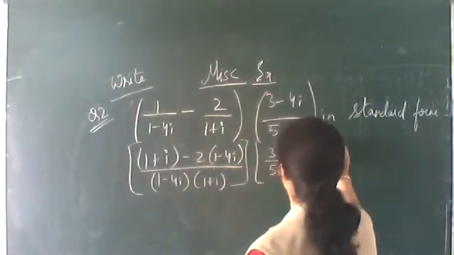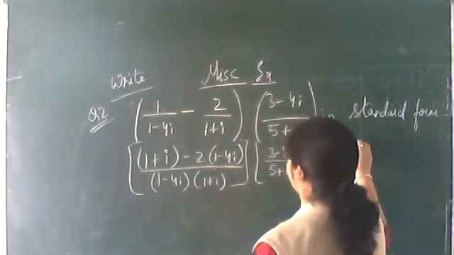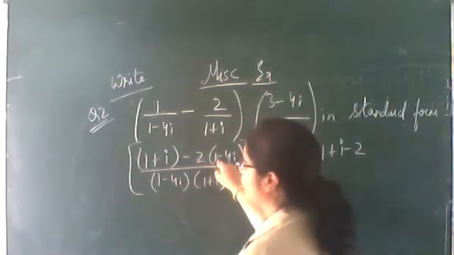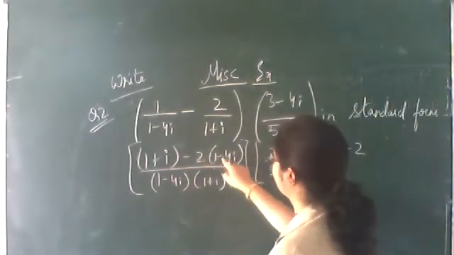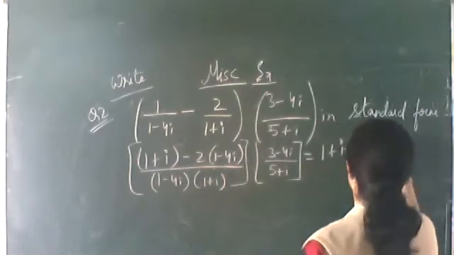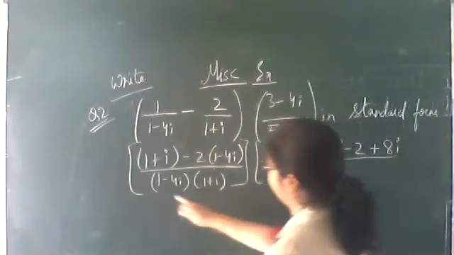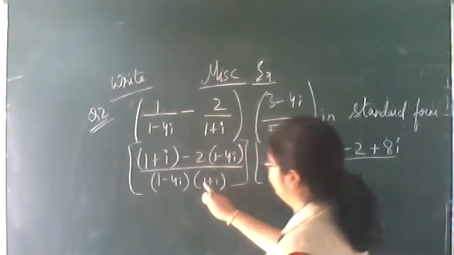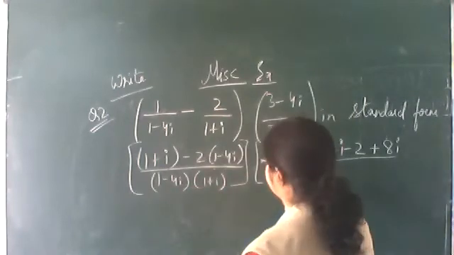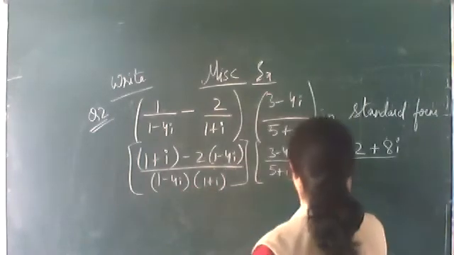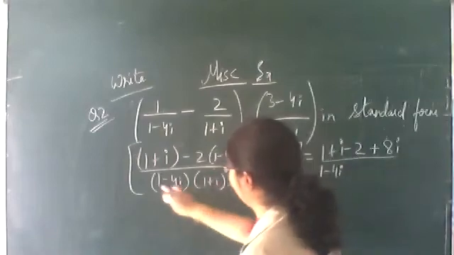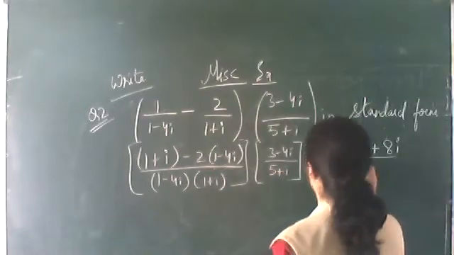Now open the bracket, solve the numerator. What you will have? 1 plus iota minus 2. 2 into 1 is 1. So minus 2, minus into minus, plus 8 iota upon, now multiply this also. 1 into 1 will be 1. 1 into minus 4 iota, minus 4 iota, plus iota into 1 will be plus iota.